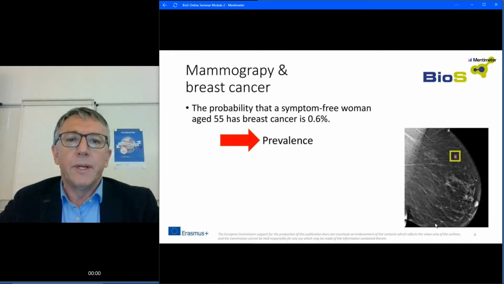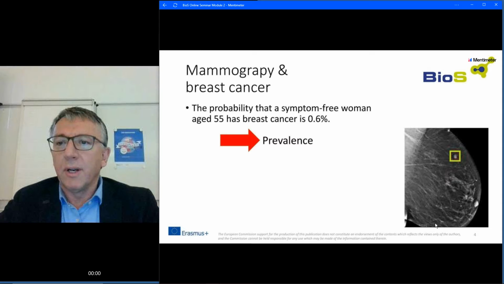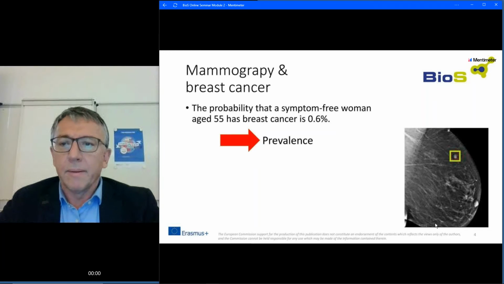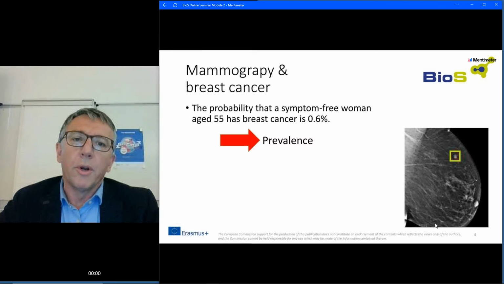So what is the first thing we need to know? This is the prevalence of the disease. If we look at women aged around 55, we want to know how many of them actually have breast cancer. This gives you the prevalence.